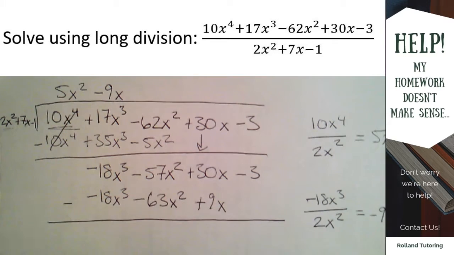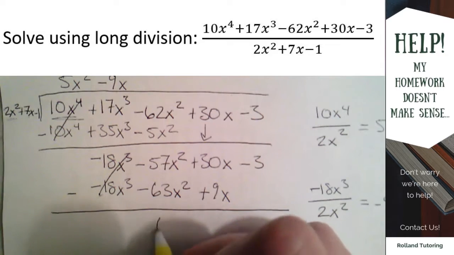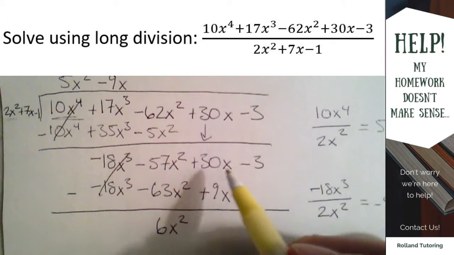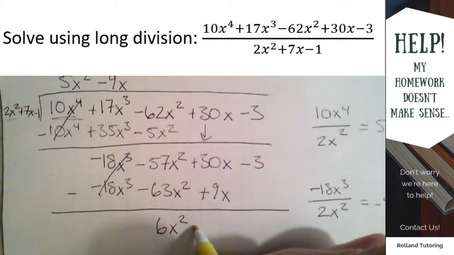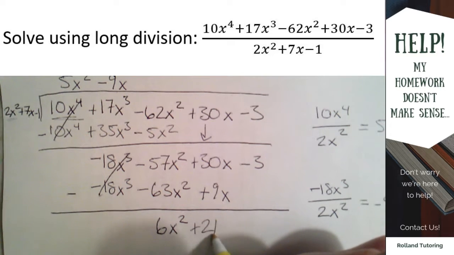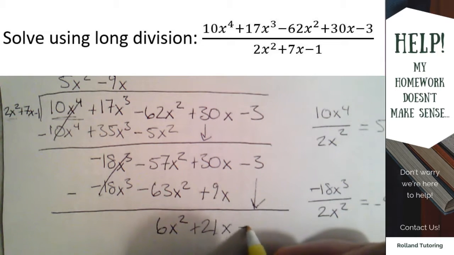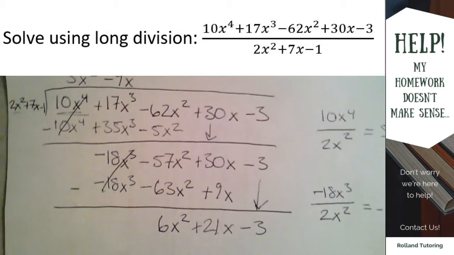So if we subtract this, these again cancel out. Then we will get negative 57 minus a negative 63, which should give us a positive 6x squared. We'll get 30 minus 9, which will give us plus 21x. And then don't forget to carry down your 3 of minus 3.